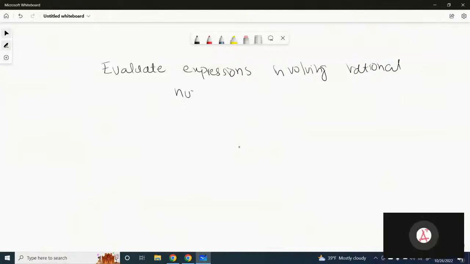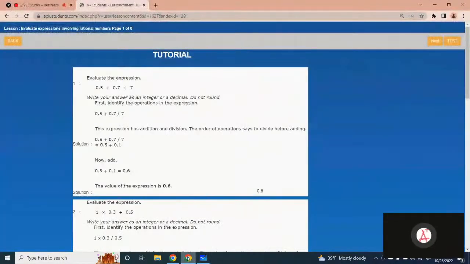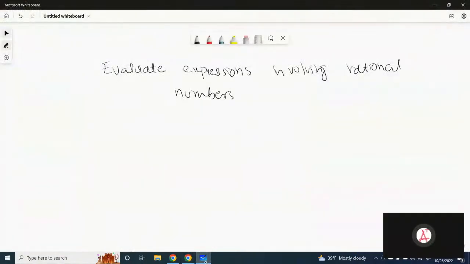Okay, let's start with an example. The first one is evaluate the expression 0.5 plus 0.7 divided by 7. Let me write it down on board. This is the expression you have to evaluate.